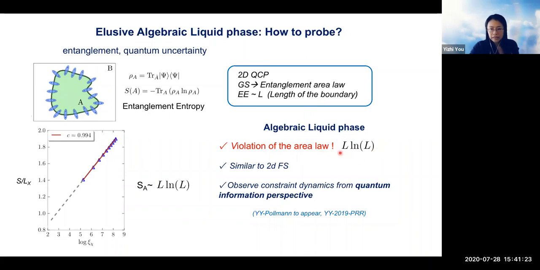Actually the entanglement entropy at the quantum critical point scales as L ln L, which has an additional logarithmic correction in addition to the area law part. And such behavior is pretty similar to the 2D Fermi surface. The reason we have such behavior is because we have an excessive number of zero energy points, which form a closed line along the kx and ky directions.